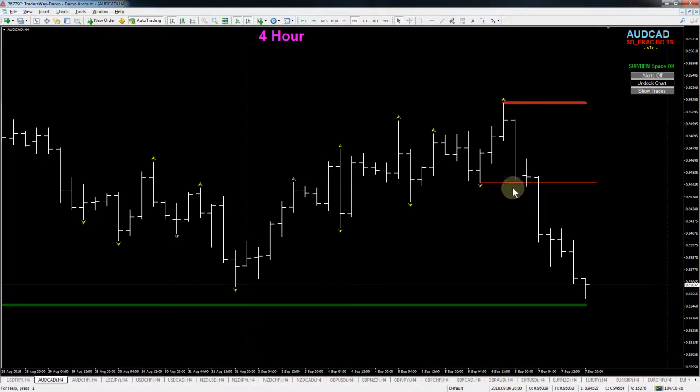In this case, you can call these supply and demand zones, you can call these resistance and support, you can call them turning points, I don't care. I'm just going to call them zones, okay?